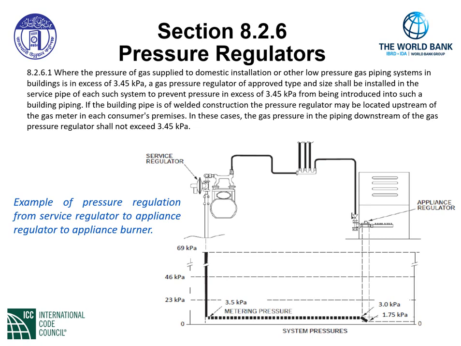As an example, this is called a pressure profile diagram. The example of pressure regulation from the service regulator to the appliance regulator to the appliance burner is given in this example. As indicated, we see a service regulator in a meter set.